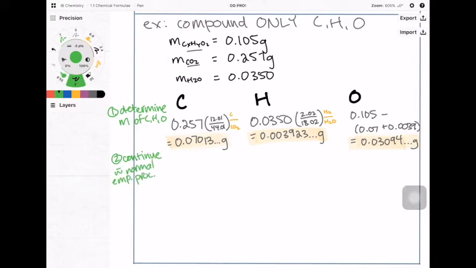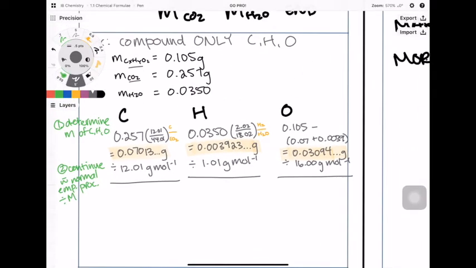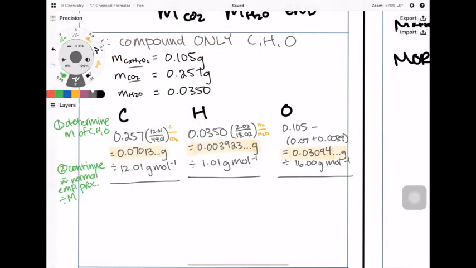So now that we have our masses, same deal as with our normal empirical formula process, we divide these masses by our molar mass of each element. So here I'm dividing by carbon's molar mass, by hydrogen's molar mass, and by oxygen's molar mass. I'm going to take a look at those numbers and determine the smallest, and then I'm going to divide by that smallest number.